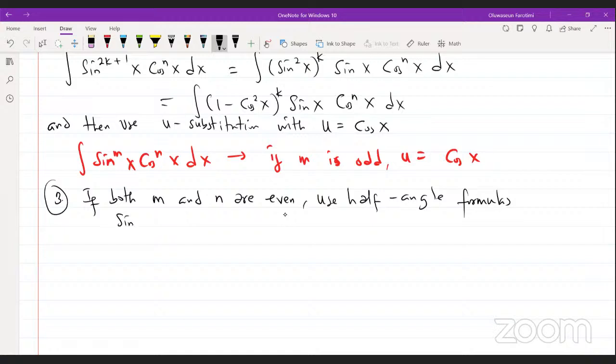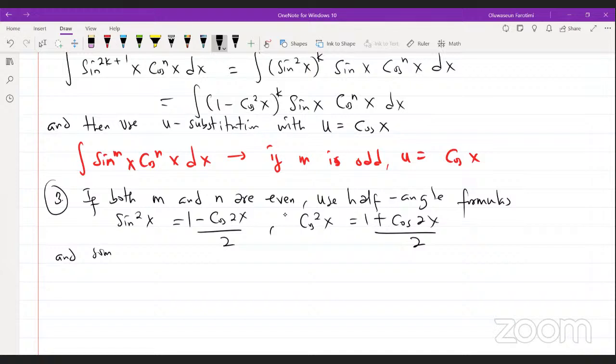You have sine squared x equals 1 minus cosine 2x over 2, as well as cosine squared x equals 1 plus cosine 2x over 2. And of course, sometimes, depending on the problem, you can just use sine x cosine x equals 1 over 2 sine 2x. Okay, so these are some of the ones you can actually use.